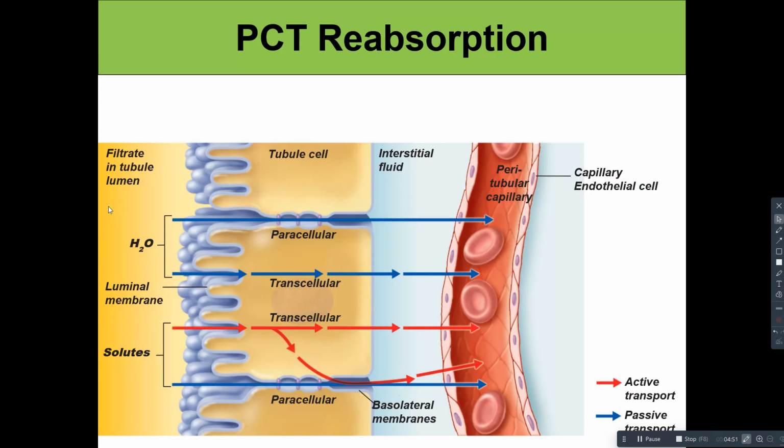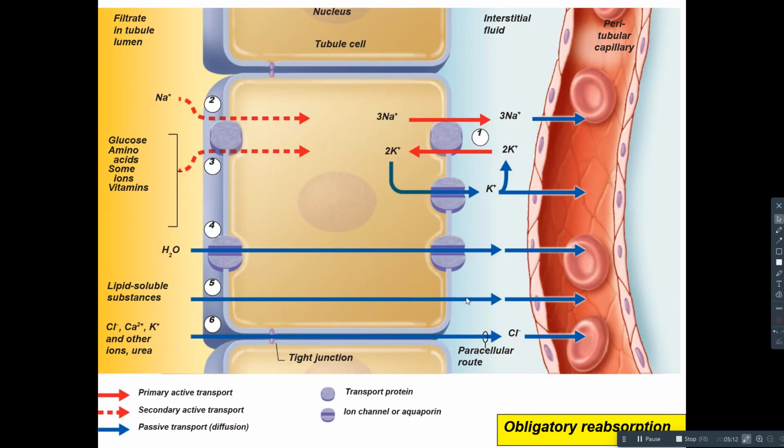Here is filtrate in the lumen of the PCT, and anything reabsorbed, whether it's water or solutes, needs to travel either through the PCT epithelium or between the cells to get into the neighboring peritubular capillary. Now, there's a lot of stuff going on in this picture, but here's our filtrate over here.